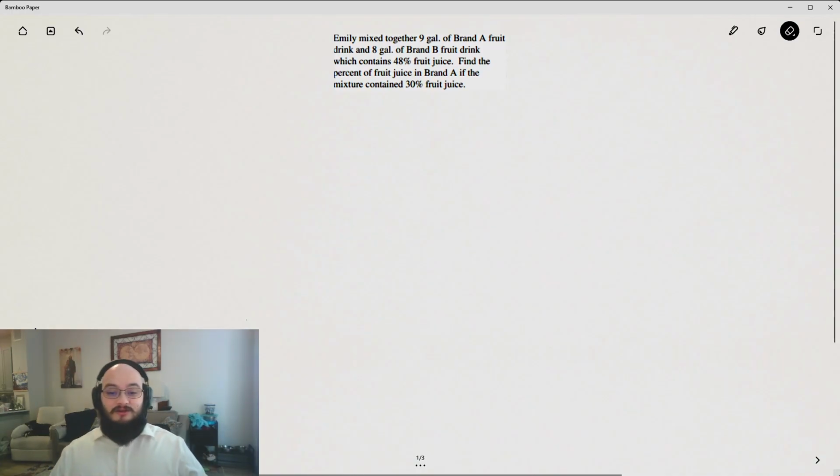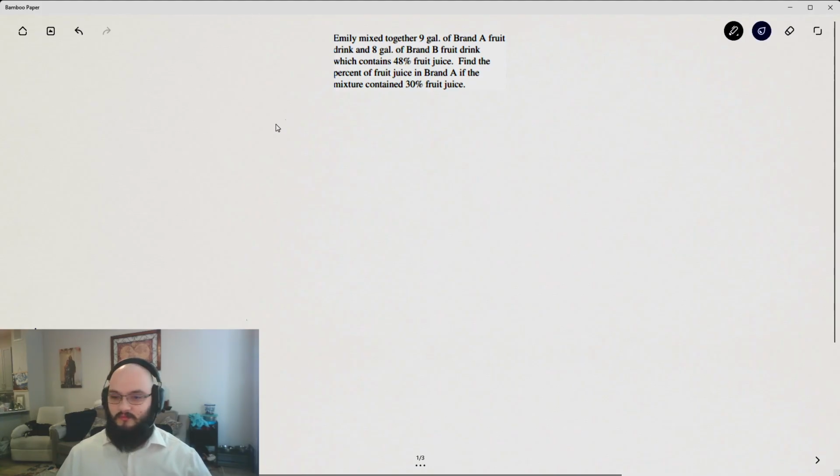Okay, so our first part is the 9 gallons that we don't know the percentage of. So we have 9 gallons times some unknown percent plus 8 gallons, that is 48%.